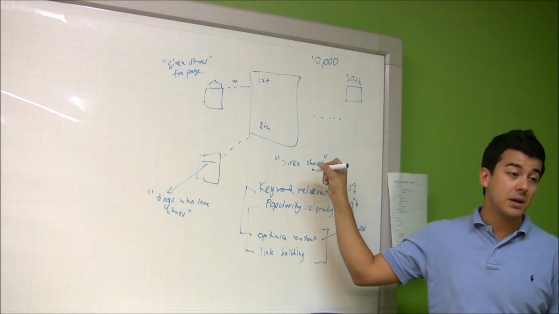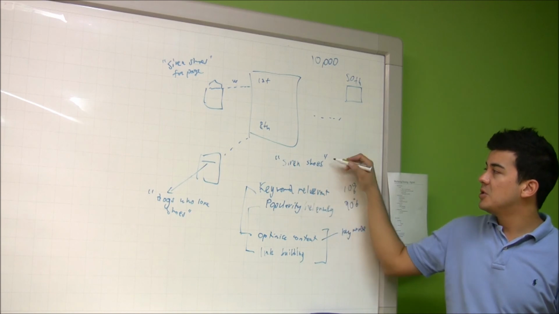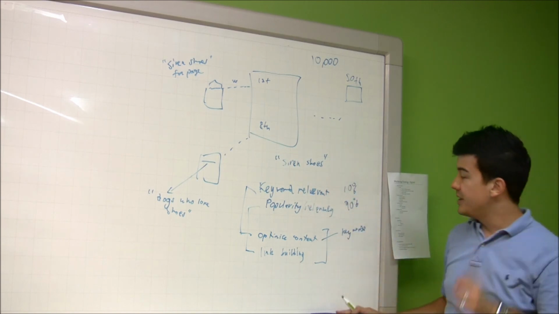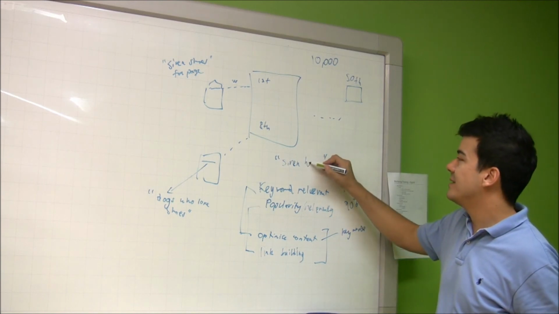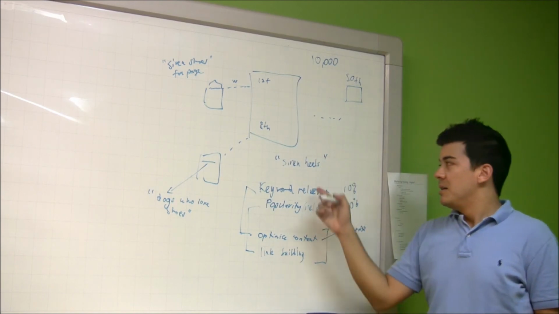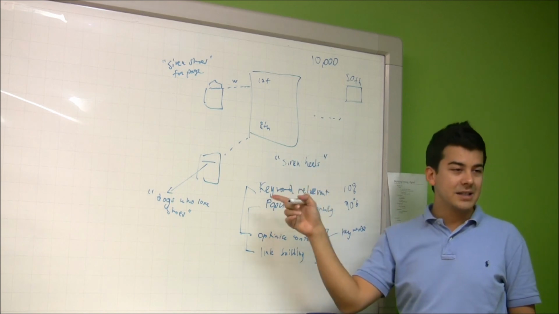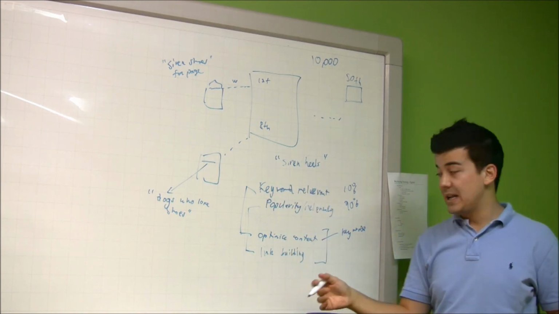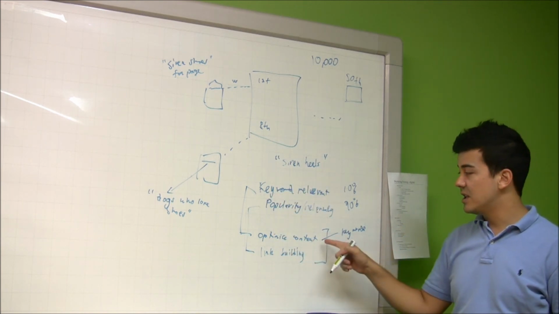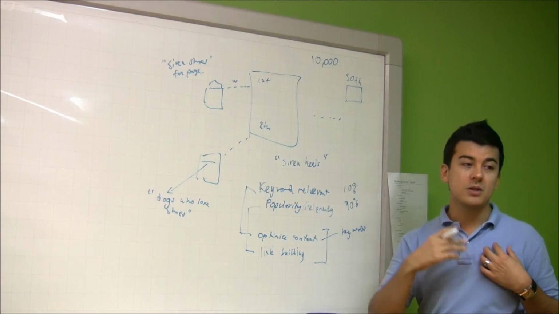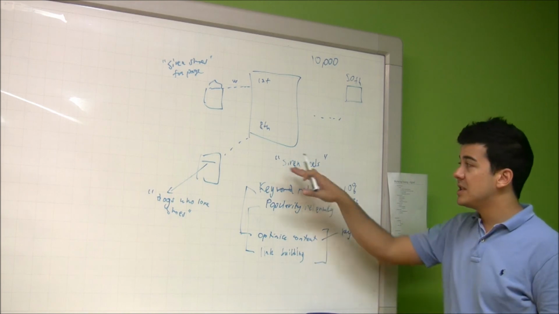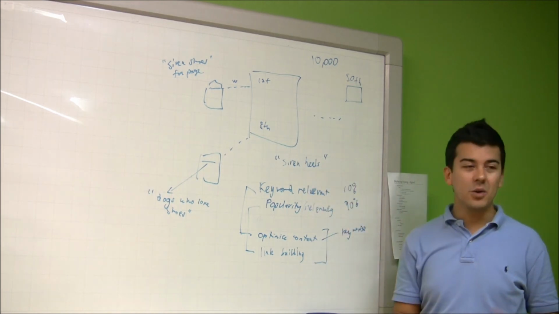Siren shoes would definitely be one, but perhaps on your site you call it siren heels. But how do you know siren heels is actually searched for by people? That's what this is about. It's all about finding the keywords that are relevant to you, but also that people search for. There's no point using keywords that no one searches for.